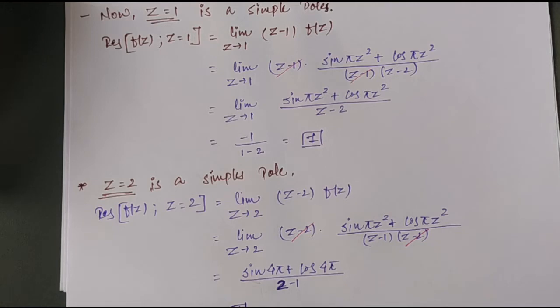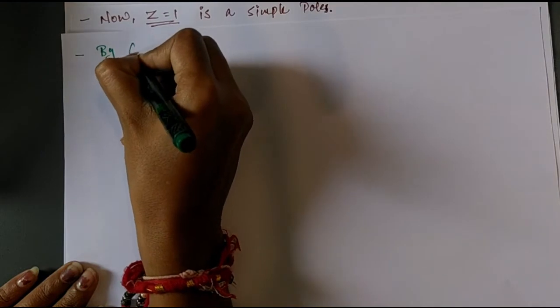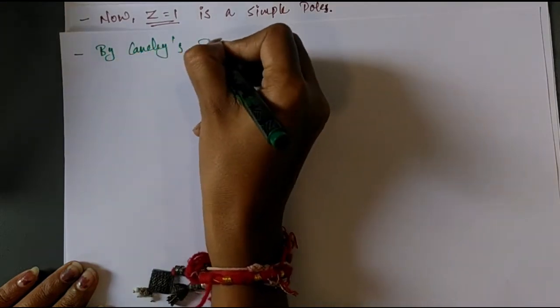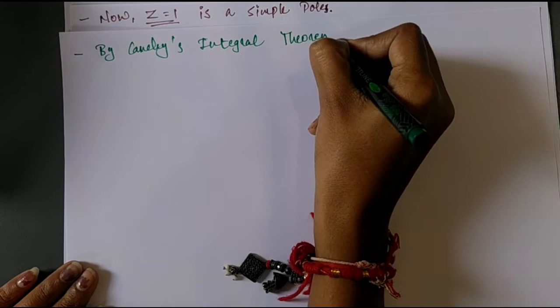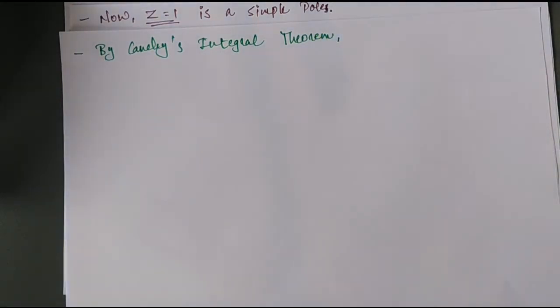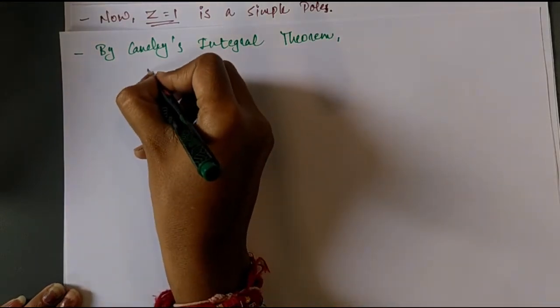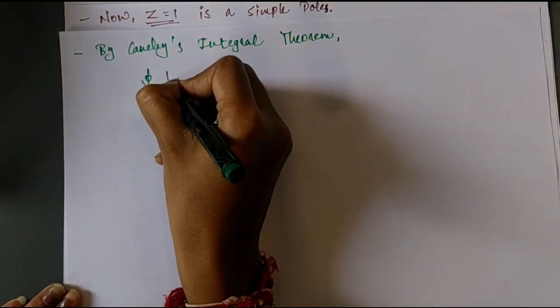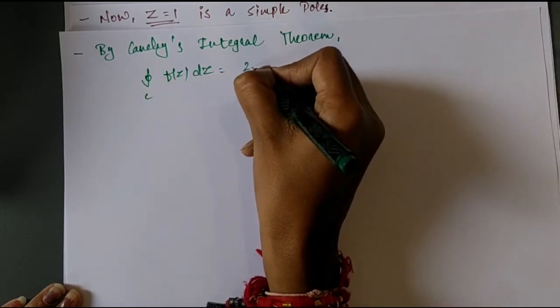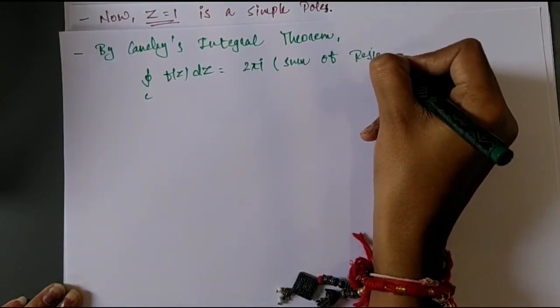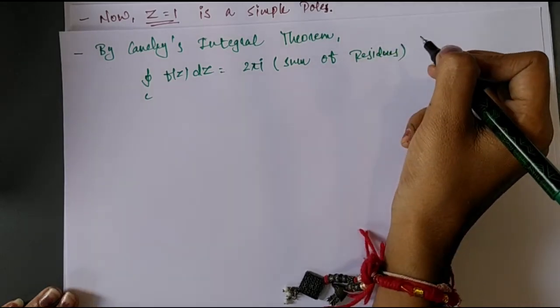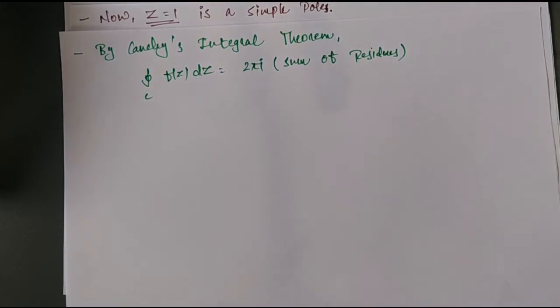So now I'm writing, by using Cauchy's integral theorem, first of all you have to write its formula: integration over C f of z dz equals 2 pi i into the sum of residues, because here you are getting 2 points as an inside part.